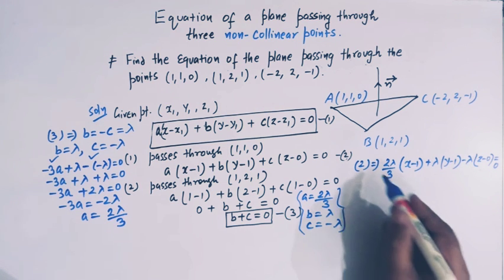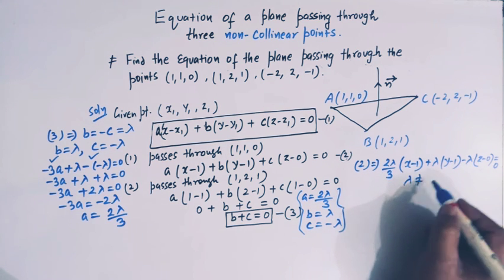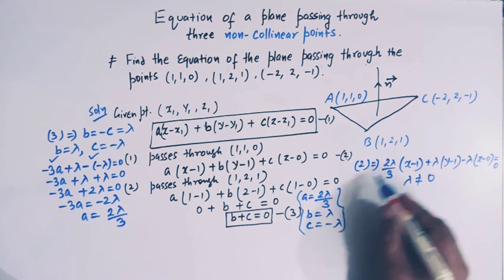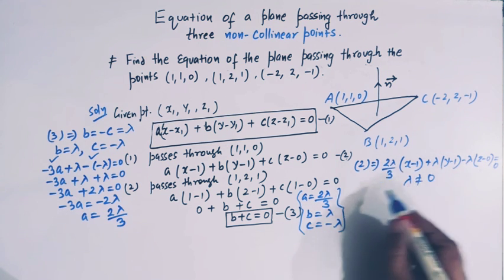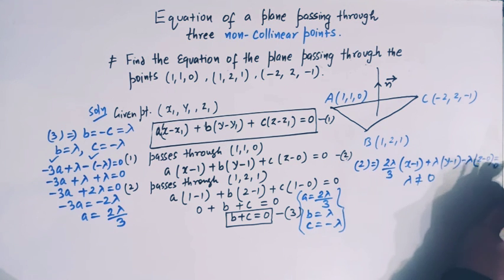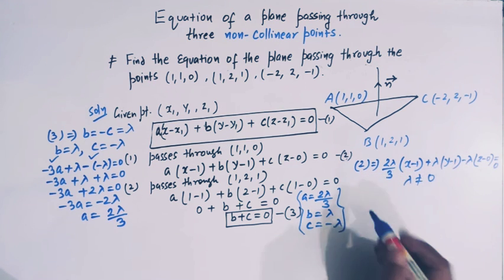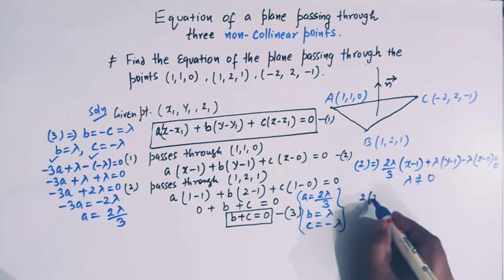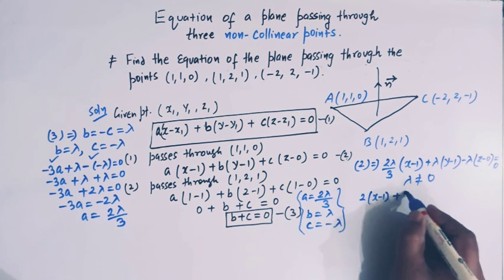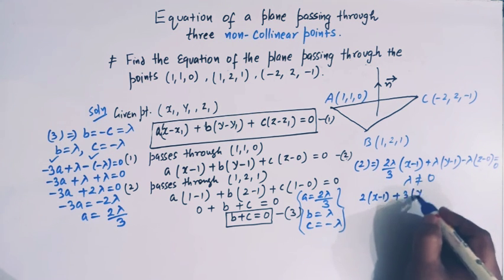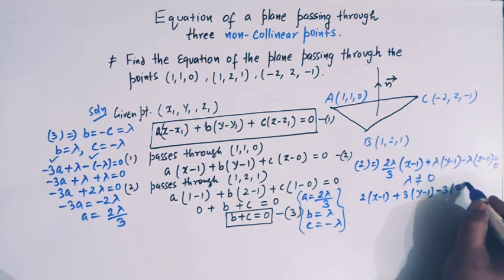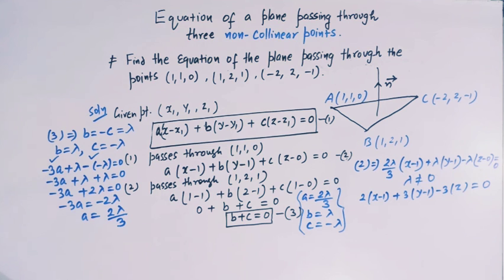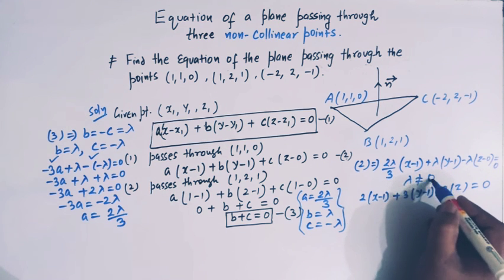Now lambda is not equal to 0, so dividing throughout by lambda, we eliminate lambda, and multiplying the whole equation by 3, we get 2(x - 1) + 3(y - 1) - 3z = 0.